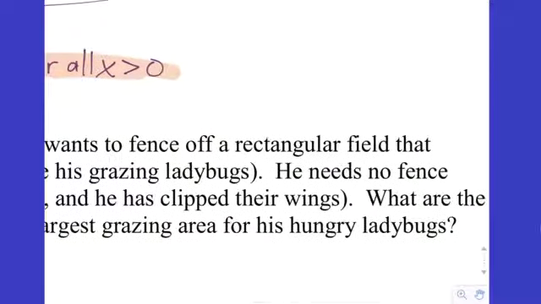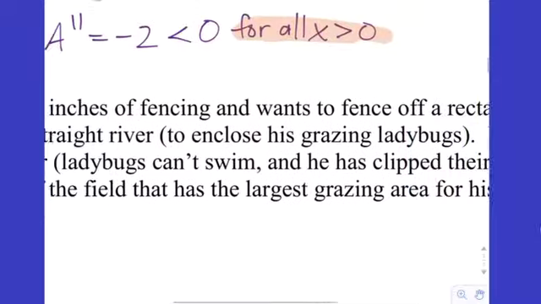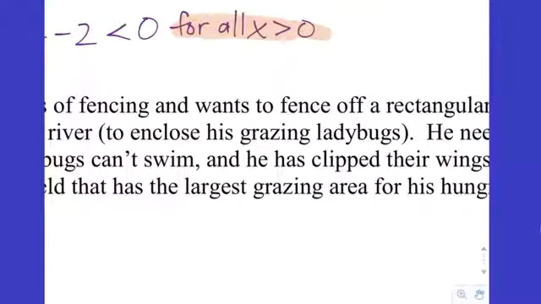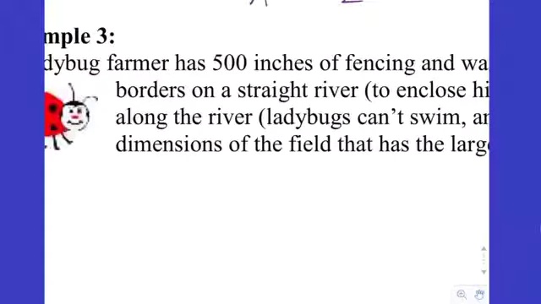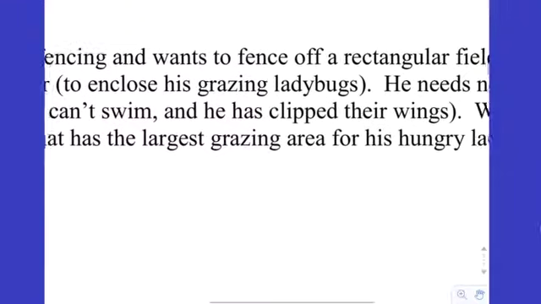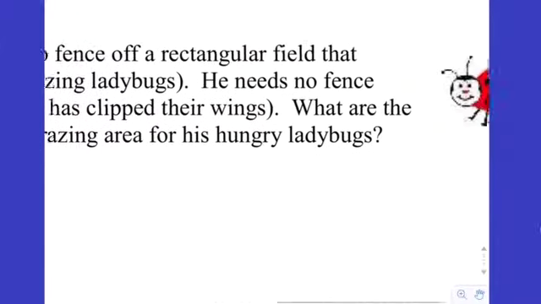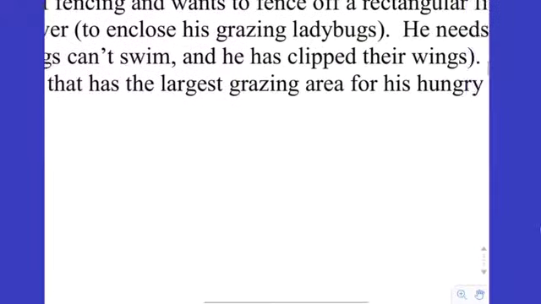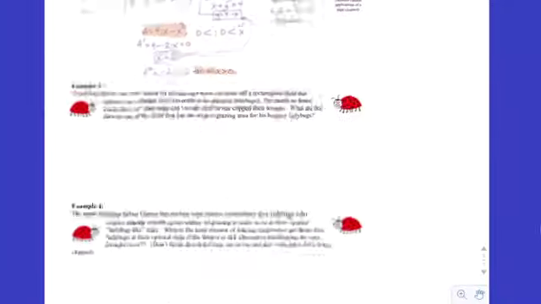And wants to fence off a rectangular field that borders along a straight river to enclose his grazing ladybugs. He needs no fence along the river because ladybugs can't swim. And he has also clipped their wings. So a very delicate process. They're not going to fly over this fence. Okay? What are the dimensions of the field that he has to fence off that will provide the largest grazing area for his hungry ladybugs?